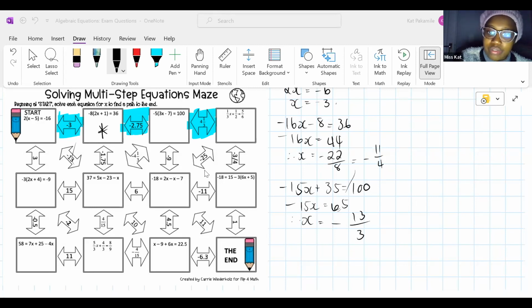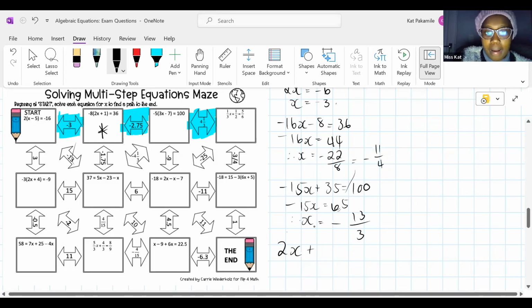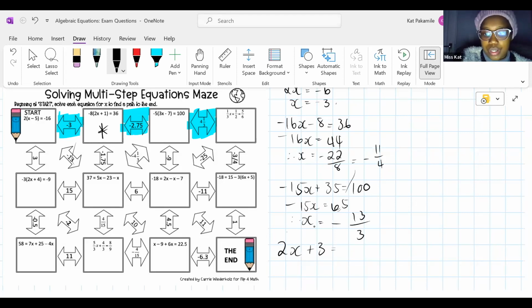Isa says negative 25 with a question mark. Let us see. LCD is 6. So then we're going to have 2x plus 3 equals 5. 2x is equal to what? That's not going to work out.